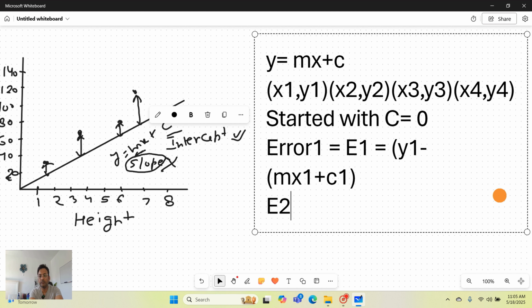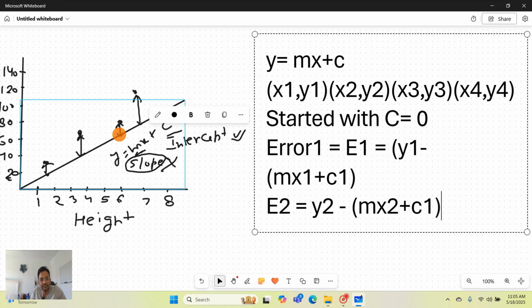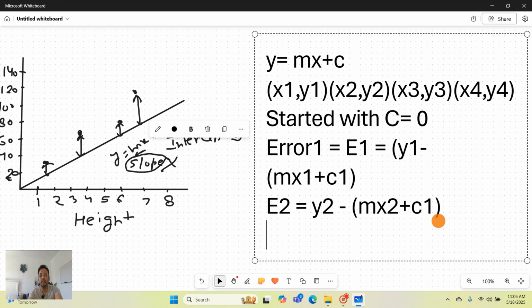Similarly, error 2 will be y2 minus (m x2 + c1), and error 3 will be this distance, y3 minus (m x3 + c1), and so on. E4 is y4 minus (m x4 + c1). So all of E1, E2, E3, E4, we can easily calculate these values. Now our goal is to minimize this.